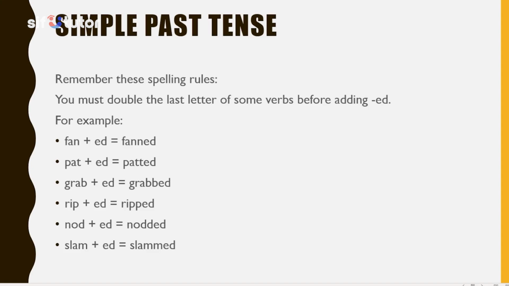You add one n and you add ed only after you've added the last letter of the word. So fanned is spelled with a double n. Patted is spelled with two t's. Grab is spelled with two b's, grabbed. Rip is also spelled with two p's. So for these words, you have to double the last letter before you add the ed.